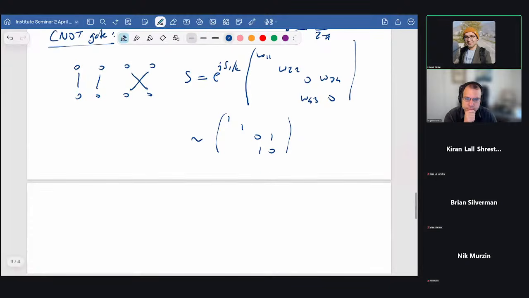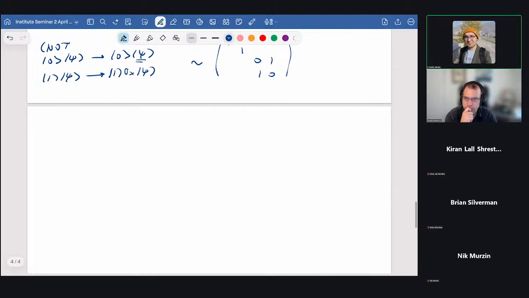The CNOT gate maps states such that when the control qubit is in the 0 state, it doesn't change the second qubit. But if the first qubit, which is the control qubit, is 1, it applies the NOT gate on the second.